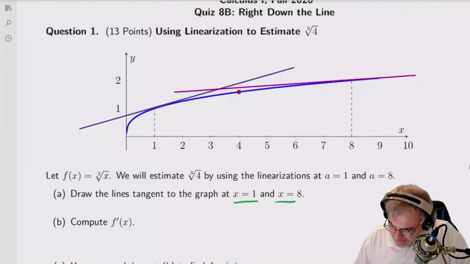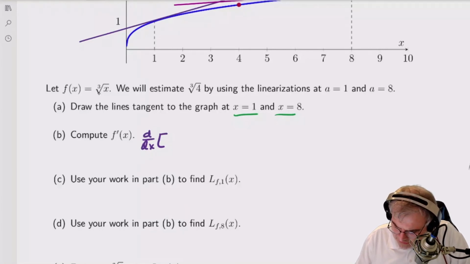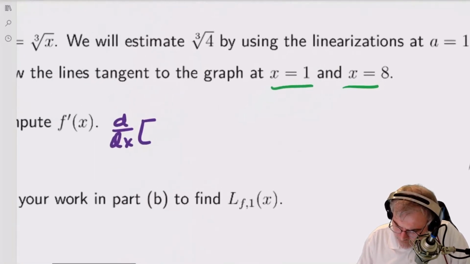All right, and then it's asking me to take the derivative of f. So I've got d over dx of f. And notice here that f of x, we want to estimate f of 4 using the linearization.